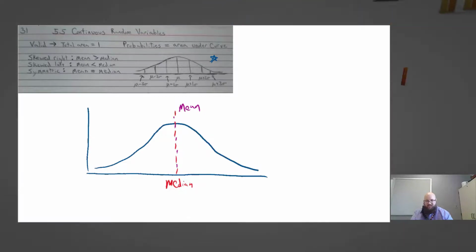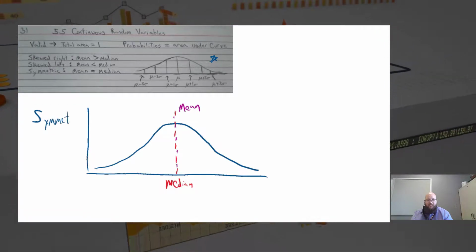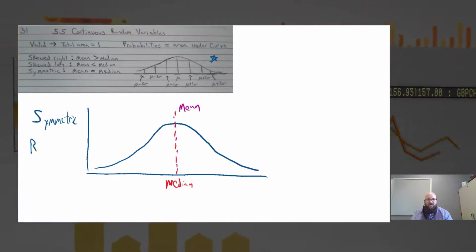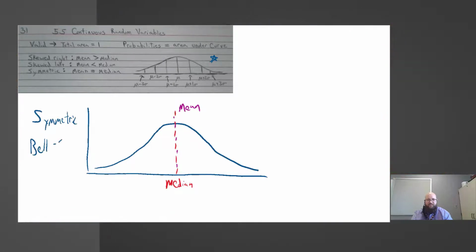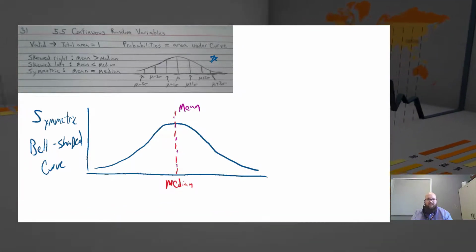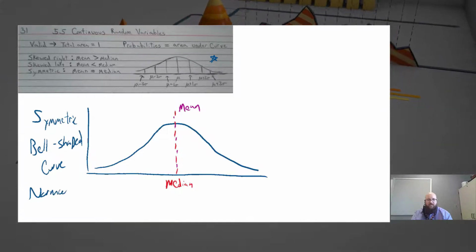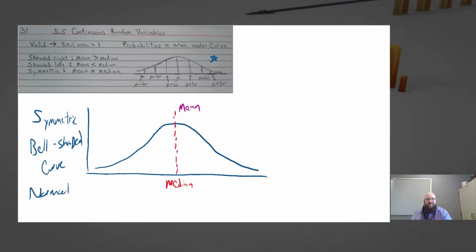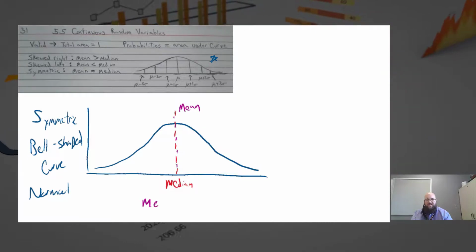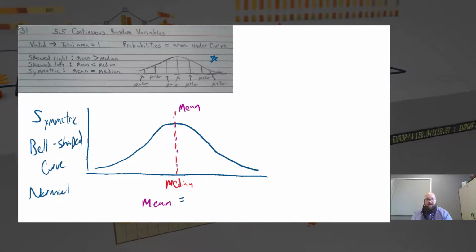So again, when you just have your symmetric bell-shaped curve, which is also considered your normal curve in that aspect, therefore your mean is going to equal your median.